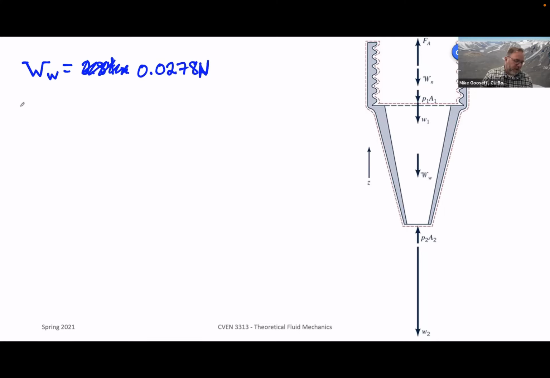That weight of that water doesn't have a big impact. And we'll just multiply out for the P1, A1.